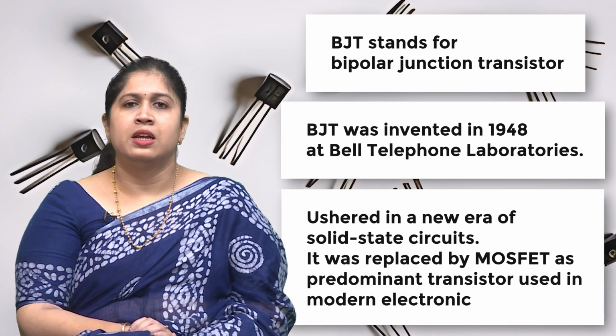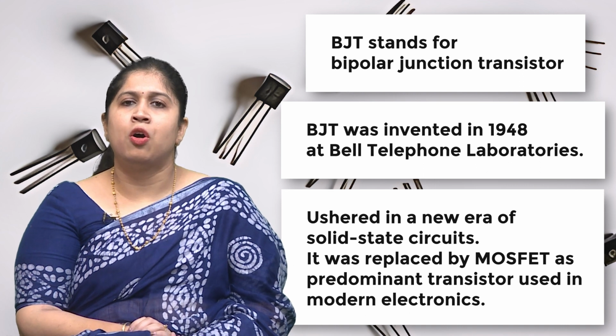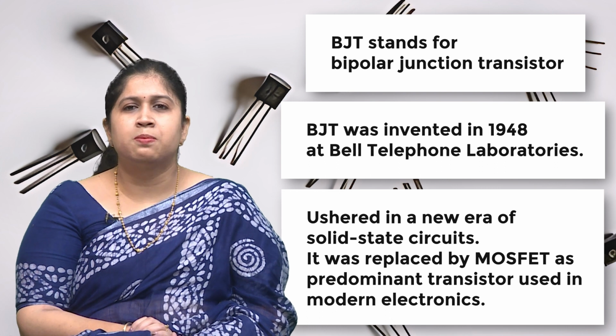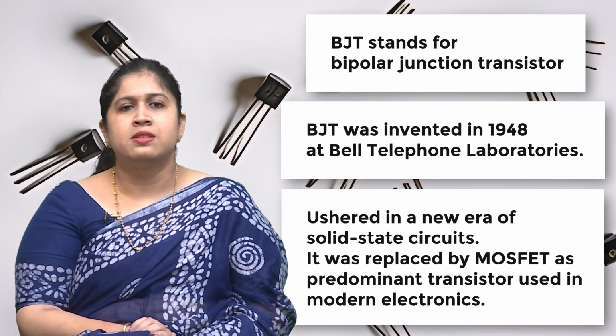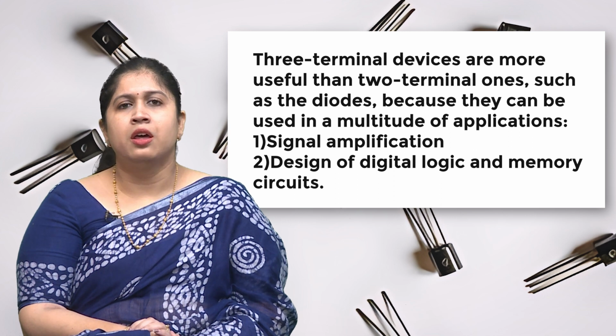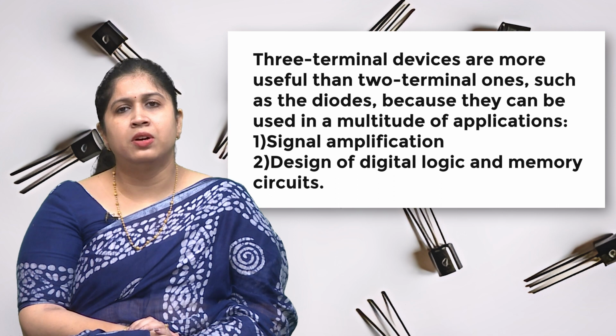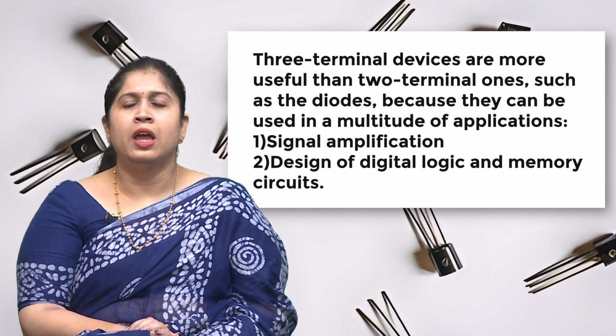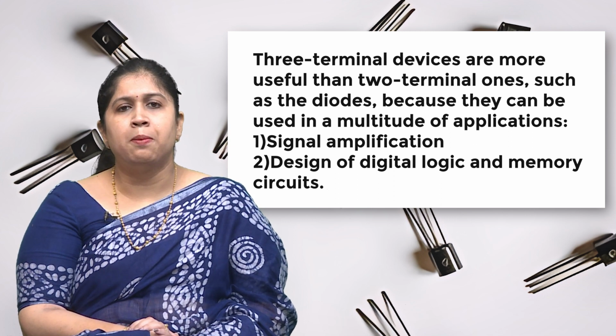In the new era of solid state circuits, it was replaced by the MOSFET as the predominant transistor used in modern electronics. Three-terminal devices are more useful than two-terminal ones, such as the diode, because they can be used in a multitude of applications.